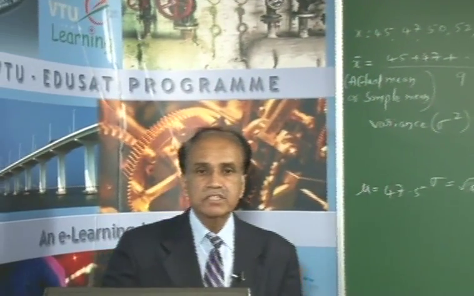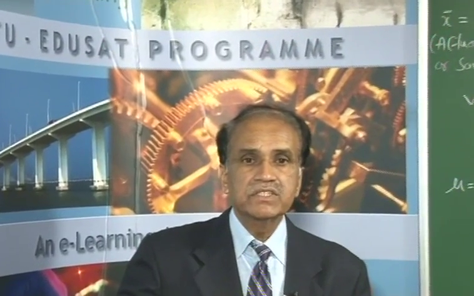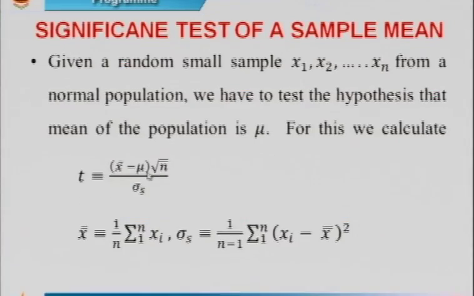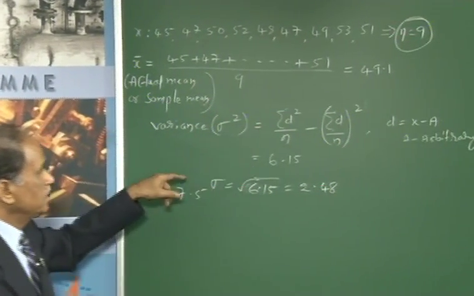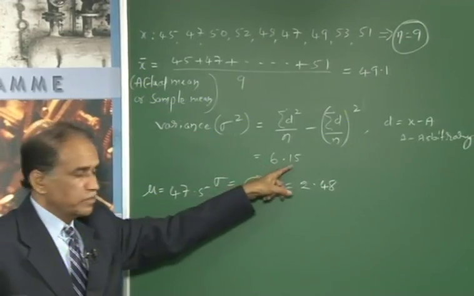What do you require to apply this equation? That is t is equal to x bar minus mu, sample mean minus population mean divided by standard deviation, whole thing multiplied by square root of n. Now all the values are available. X bar is there, mu is there, n is there and standard deviation is there.